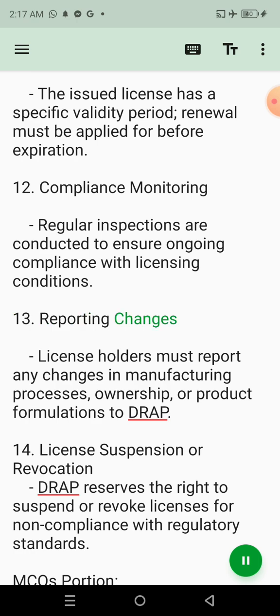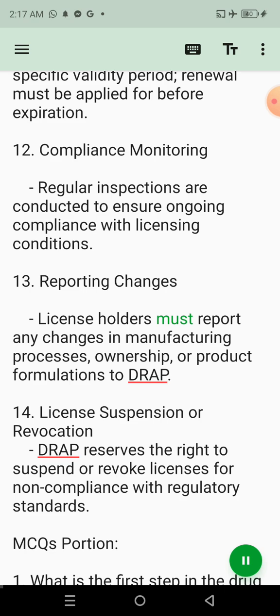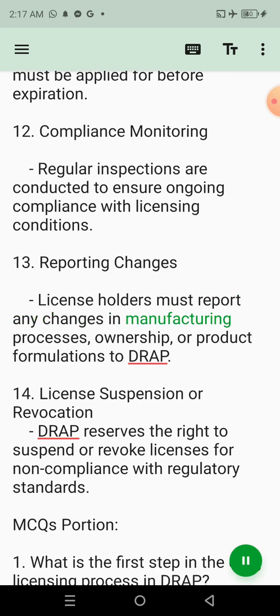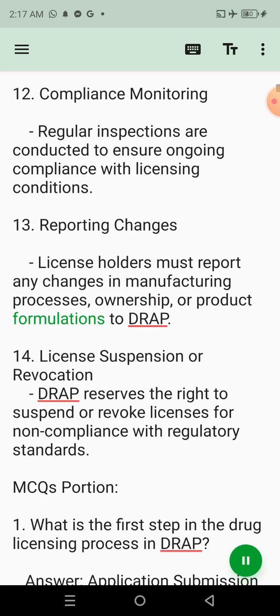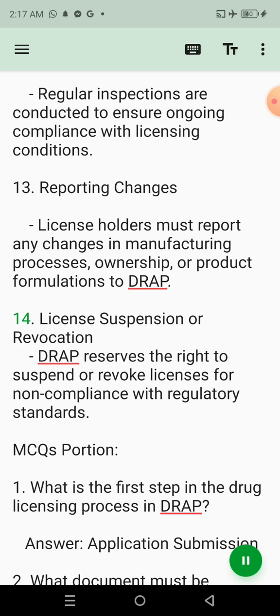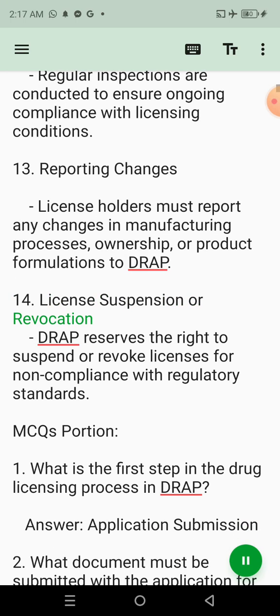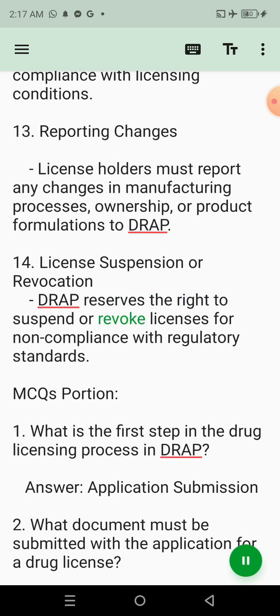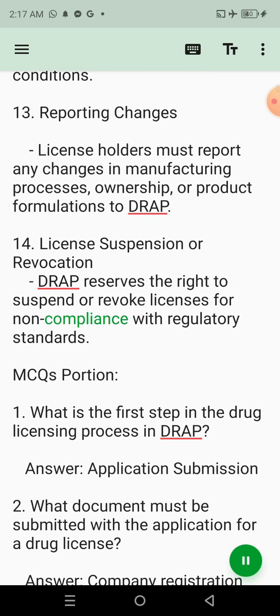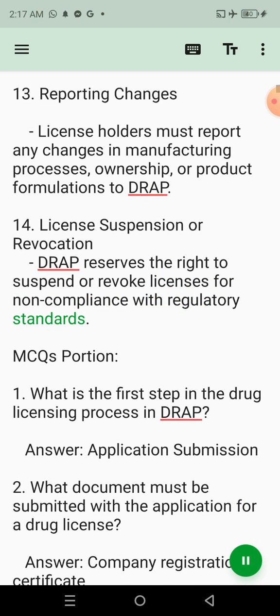Reporting changes. License holders must report any changes in manufacturing processes, ownership, or product formulations to DRAP. 14. License suspension or revocation. DRAP reserves the right to suspend or revoke licenses for non-compliance with regulatory standards.